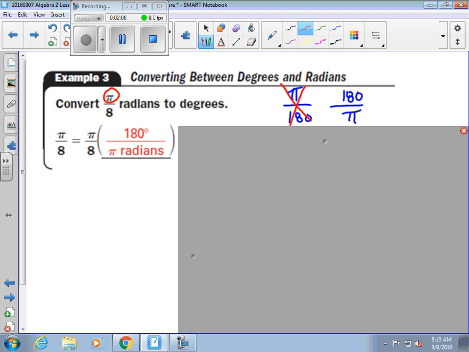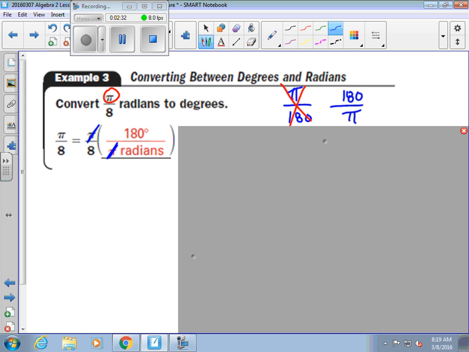So pi over 8 times 180 over pi. Notice we have the same number at the top and the bottom, that number being pi. It eliminates there and there. So what number goes into both 8 and 180?